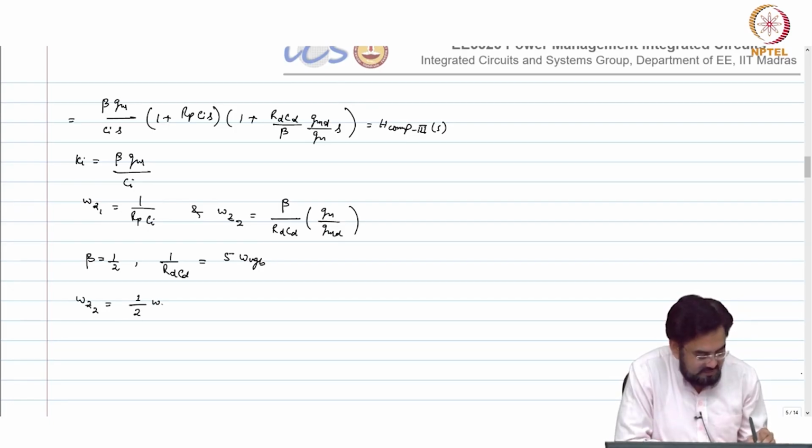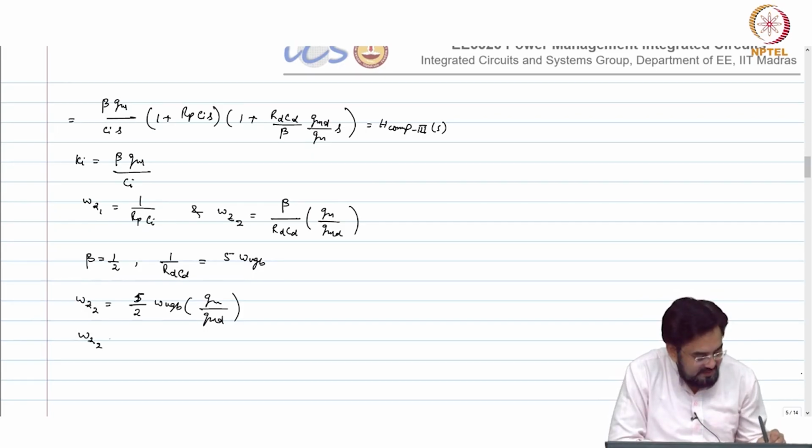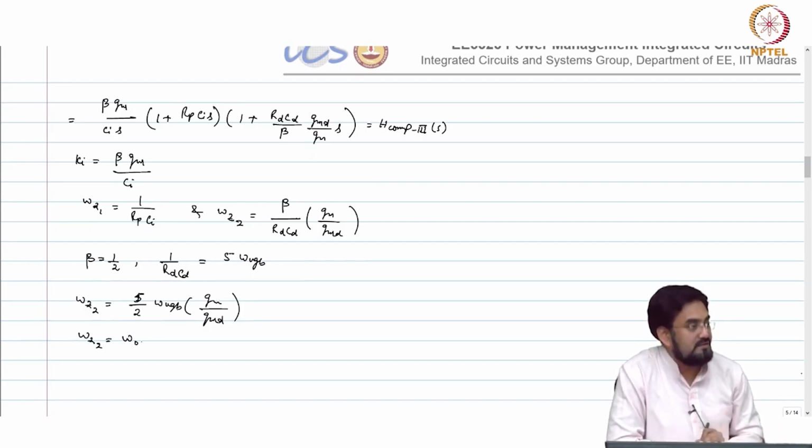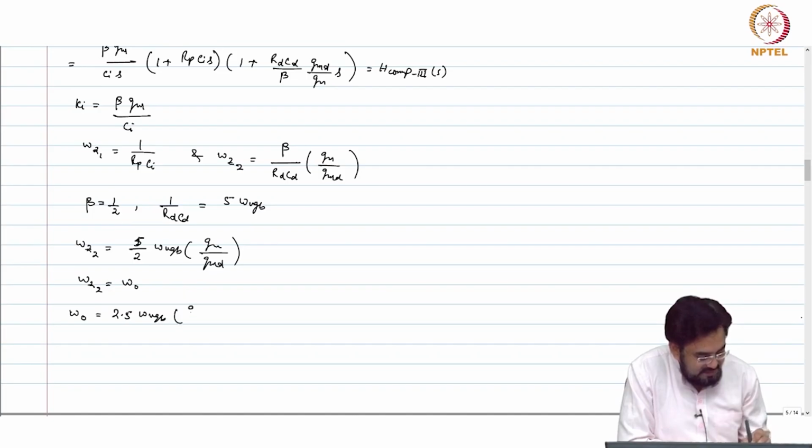2 times of this, which will be 5 times. So how much will that be? 5 by 2 omega UGB into Gm over GMD, and we want omega Z2 at, let's say, omega naught. Then from here I can calculate omega naught equal to 2.5 omega UGB Gm by GMD.